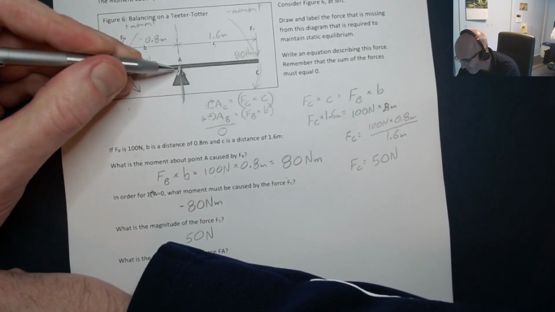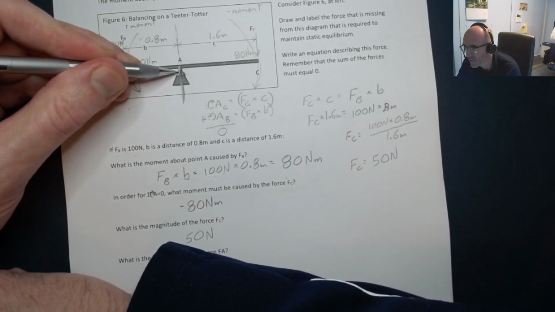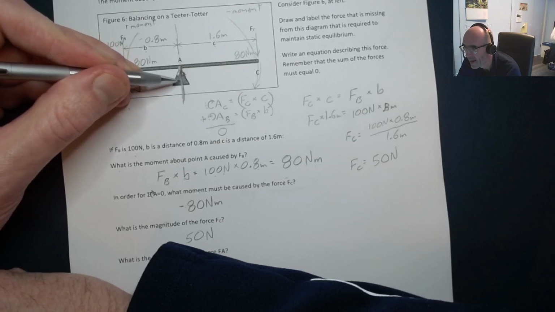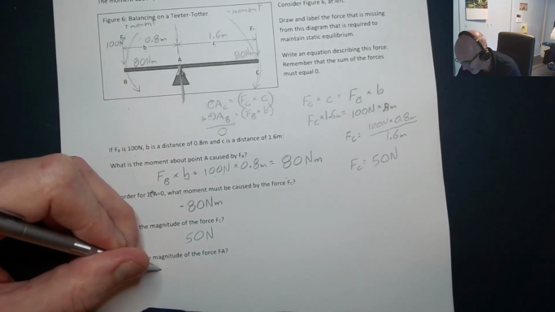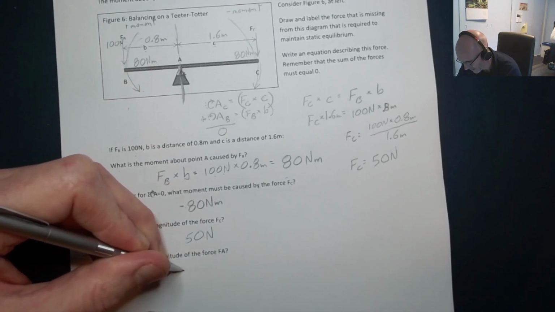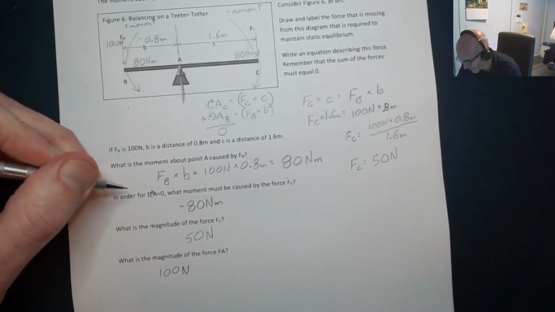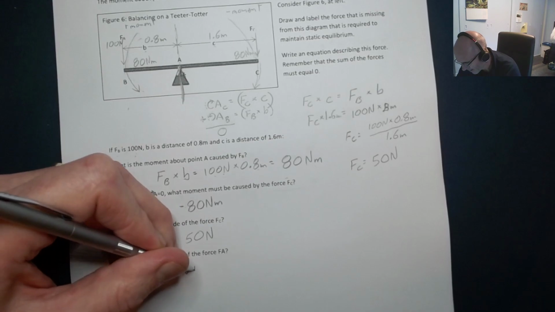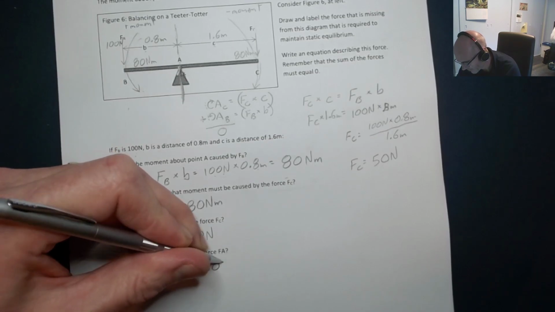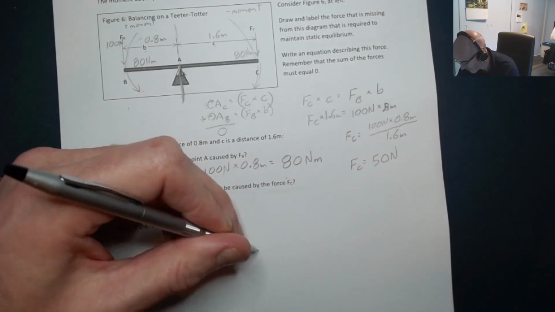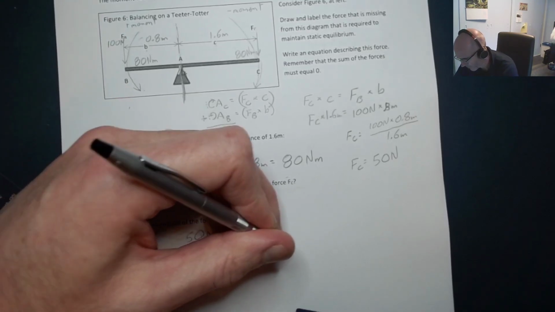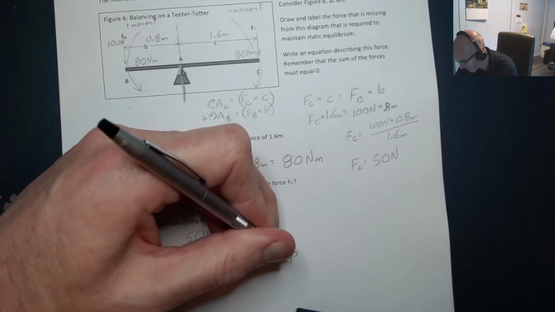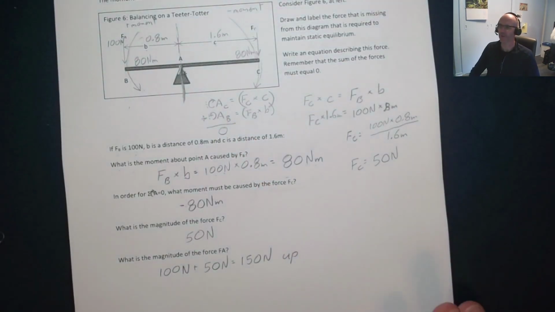Something's pushing back up, and that something is coming up through our fulcrum at point A. So the load at point A has to be supporting 100 newtons to counteract FB plus 50 newtons to counteract FC, and that has to be pointing upwards.